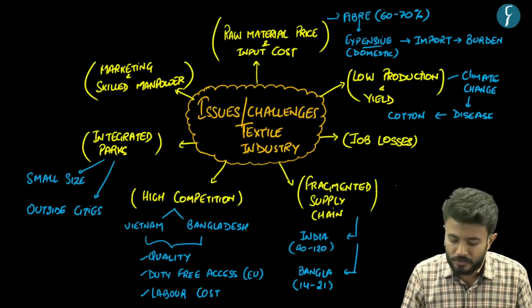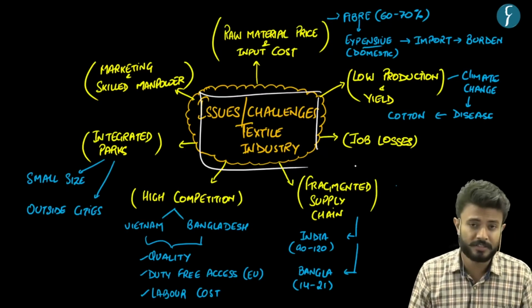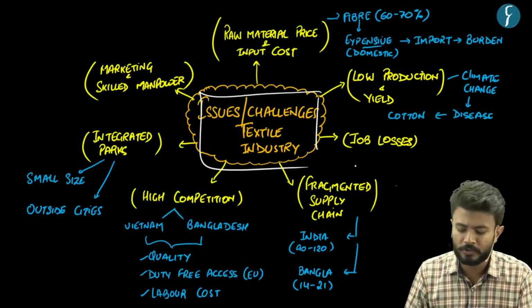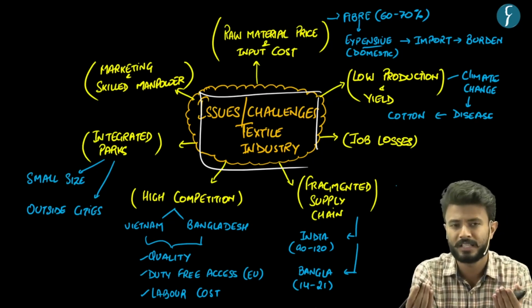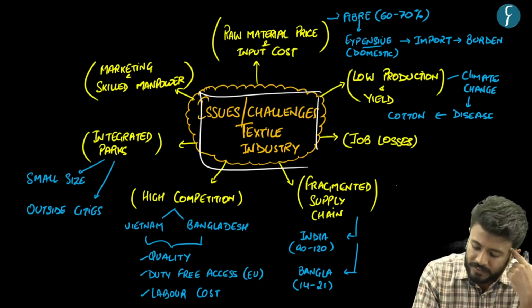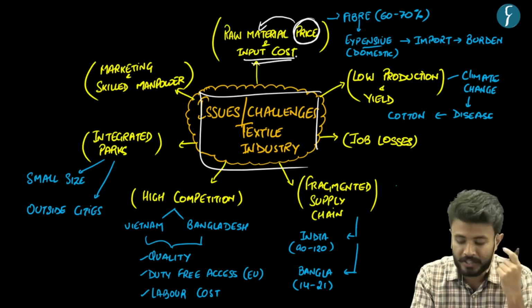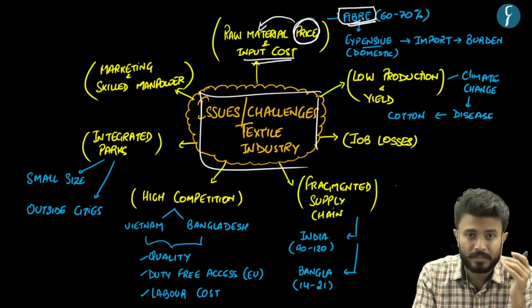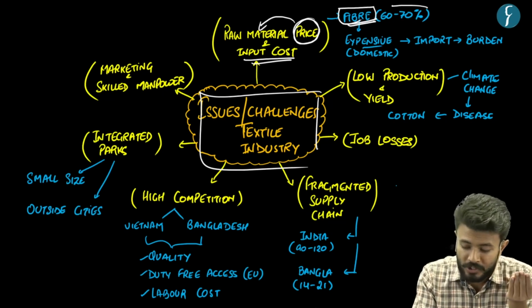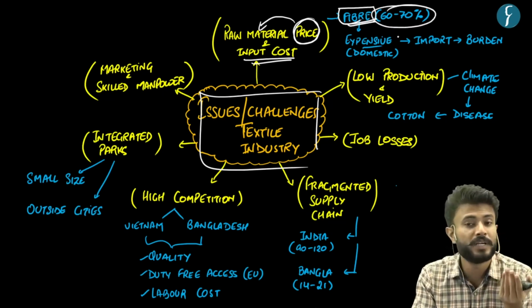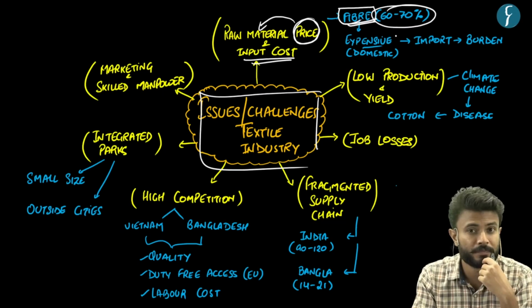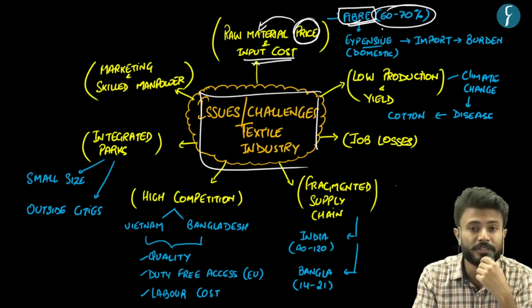Now let us move towards the various issues and challenges which are there in today's newspaper also, and which our Indian textile sector is facing. One is the continuous increase in the price of the raw material as well as the input cost. For example, the fiber takes up around 60 to 70% of textile manufacturing inputs, and this fiber is getting costly.